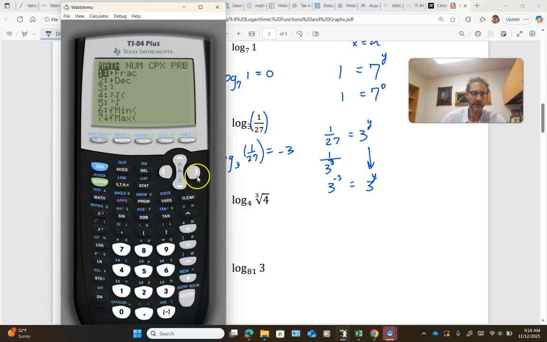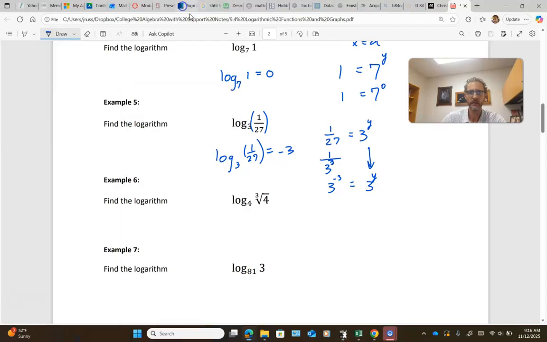If I go to math and scroll down, we've got a base of 3, and then the argument, or our input, our x in this case for this function, is the fraction 1/27. And hit enter, and we get negative 3.